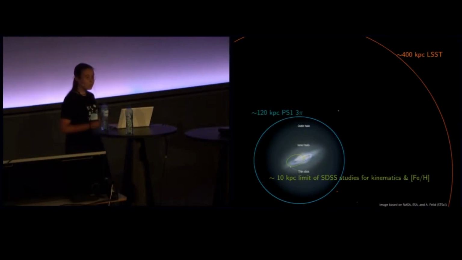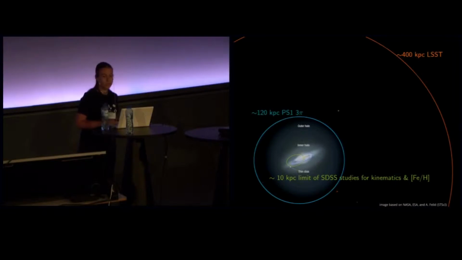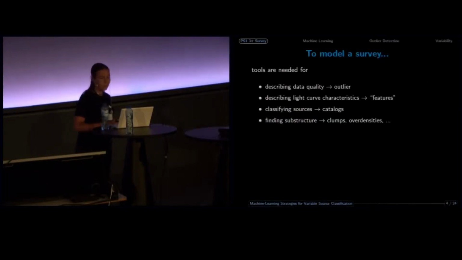So what we started out with was not proper light curves or object classifications, but we really had to model a survey, and this means doing everything on our own. For example, carrying out outlier detection. Outliers in our case are data points within a light curve that are simply not correct. Then we want to describe light curve characteristics.